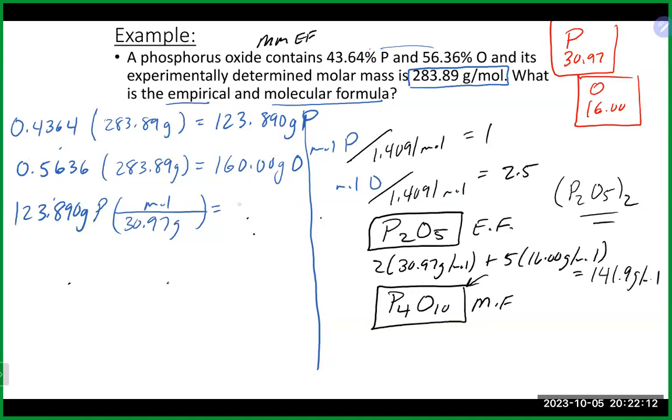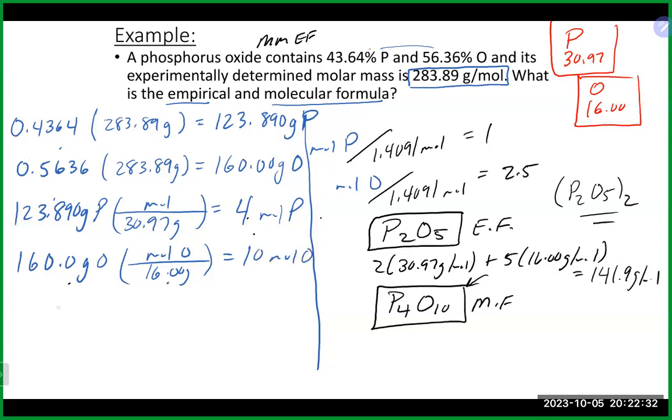That's going to give me 4 moles of phosphorus. I could also do the same thing here, 160 grams of oxygen divided by the molar mass of oxygen. We take 160 divided by 16 and that gets us 10 moles of oxygen. That is my molecular formula right there.